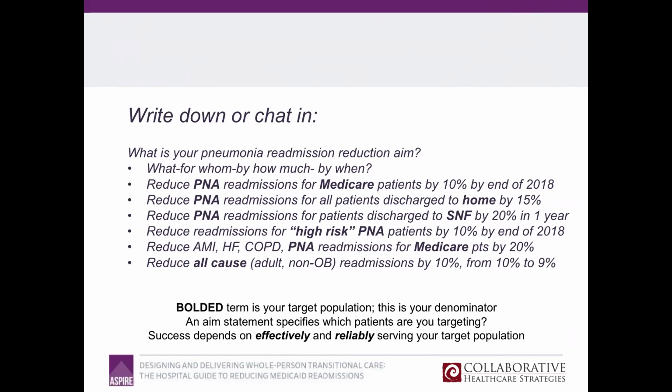So success depends on effectively and reliably serving your target population. And really, it all starts with a clear, straightforwardly worded aim statement. So I definitely want to make sure that you all do not pass go if you don't have a clearly worded aim statement.